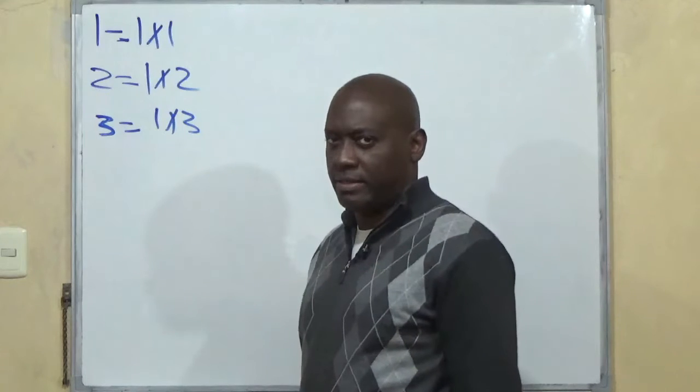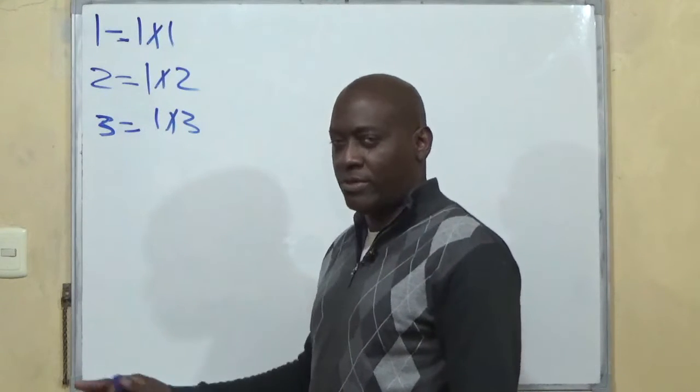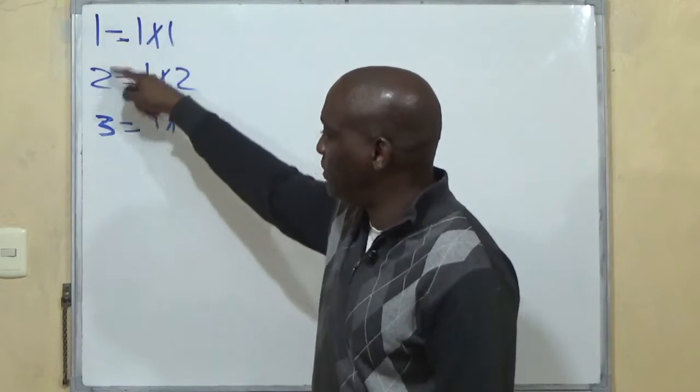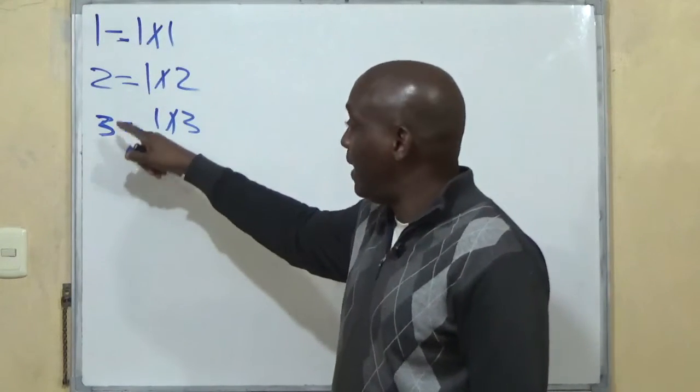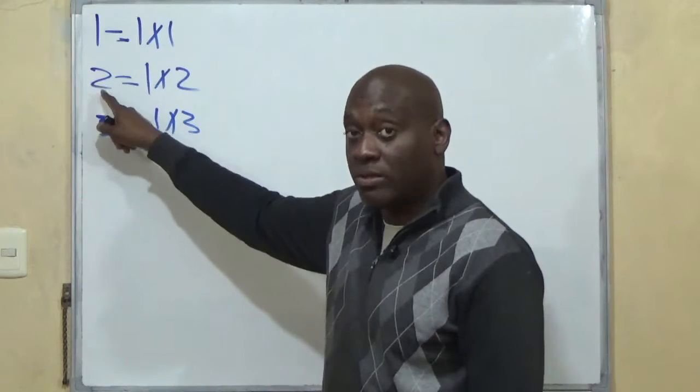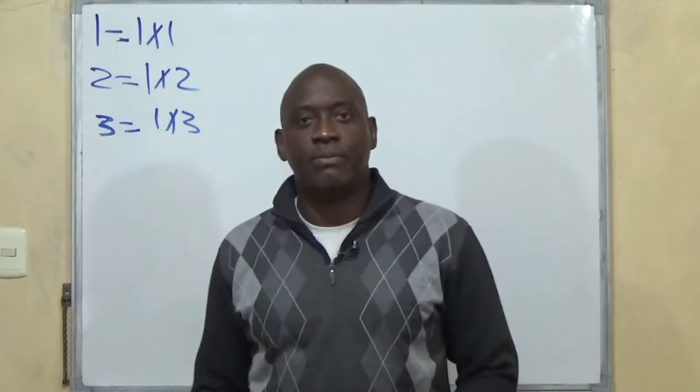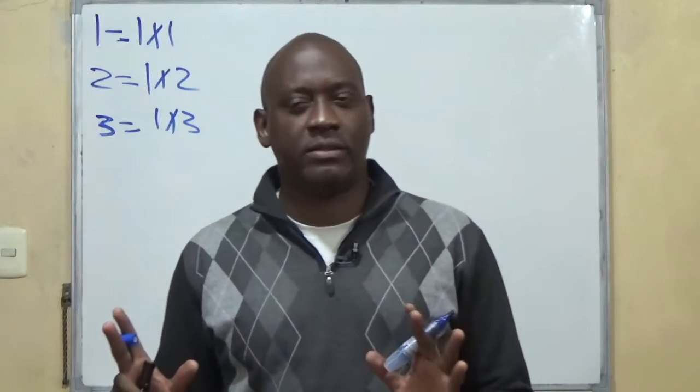4 is not prime because 4 is 2 by 2. So once we get out of this little zone here, 1, 2, and 3, where 2 is an even number and it is also prime, anything beyond this, your prime numbers will always be odd.